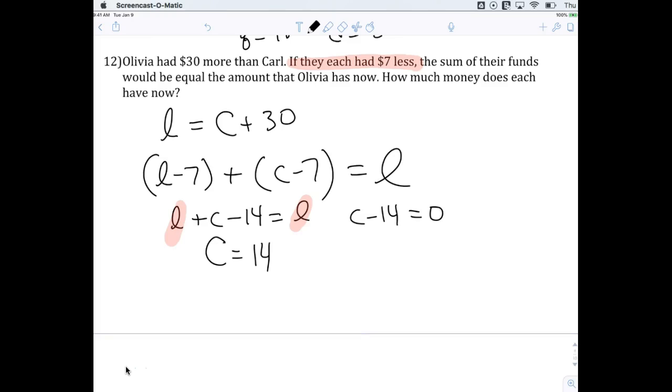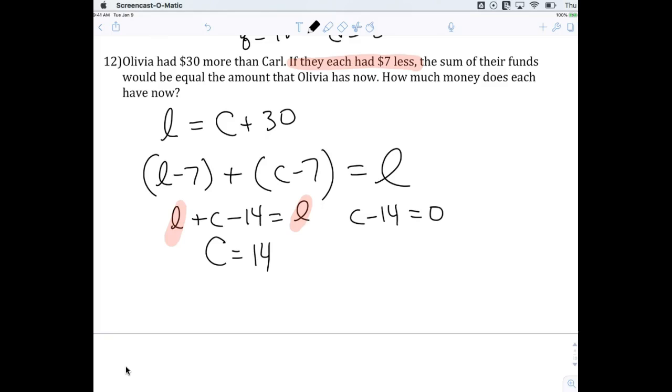The negative 7 and the negative 7 made negative 14, right? And then I just left the L plus C because that's what's there. And then what happens to the two L's? They cross out. Do you agree? I just did minus L from both sides. Why is the 14 positive?